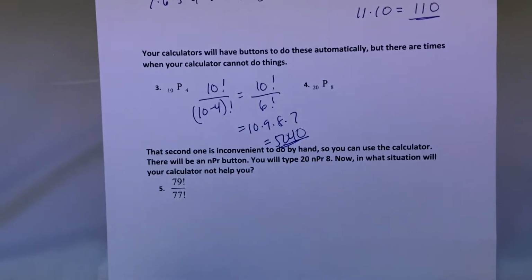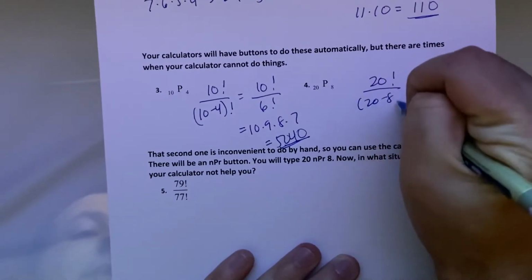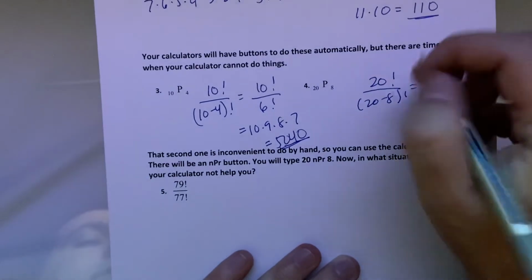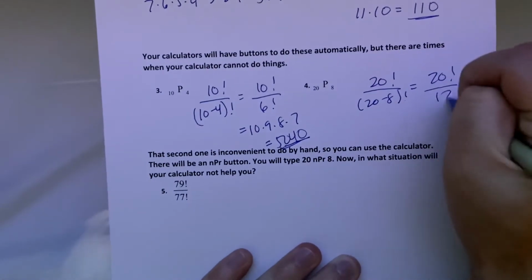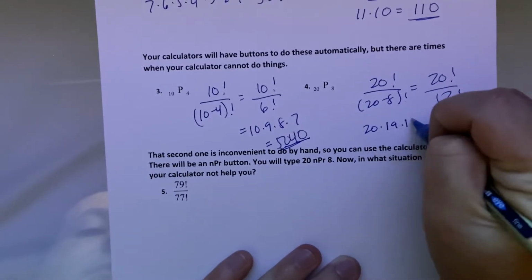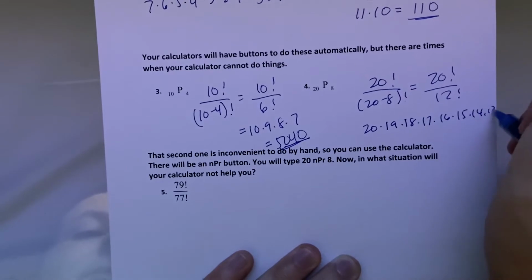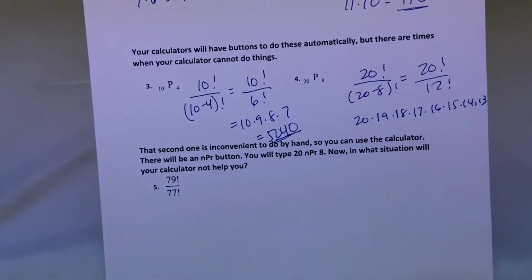20 permute 8 is 20 factorial over 20 minus 8 factorial, which is 20 factorial over 12 factorial. But still, it's 20 down to 13, which is still going to be a really large number.